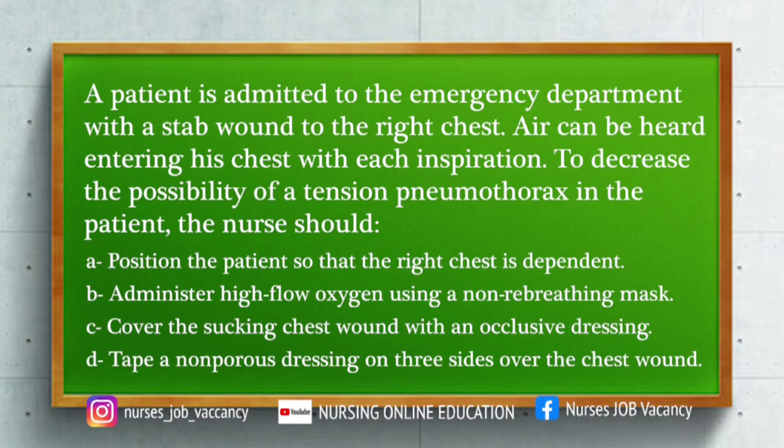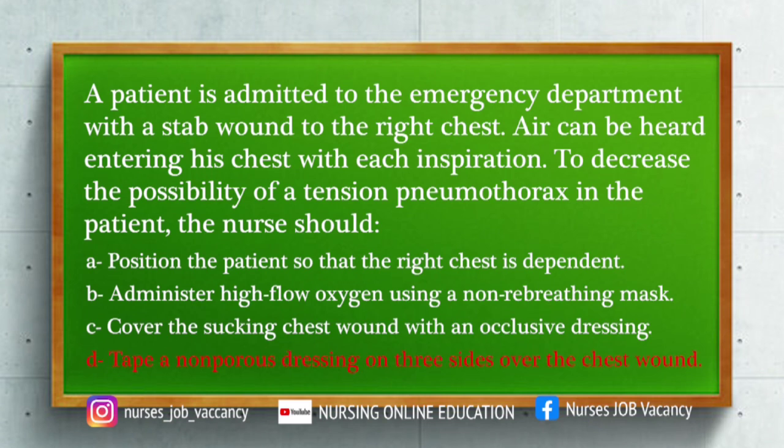B. Administer high-flow oxygen using a non-rebreathing mask. C. Cover the sucking chest wound with an occlusive dressing. D. Tape a non-porous dressing on 3 sides over the chest wound. The right answer is D. Tape a non-porous dressing on 3 sides over the chest wound.